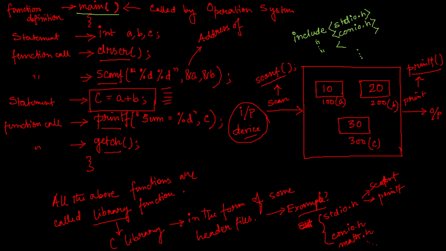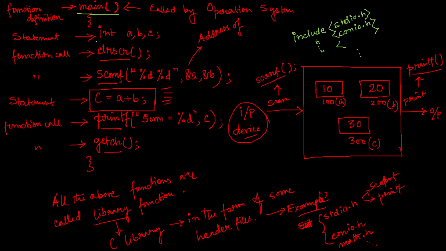If I consider each and every line of the program as a point, for example, this is line number 1, line number 2, line number 3, line number 4, line number 5, and line number 6.